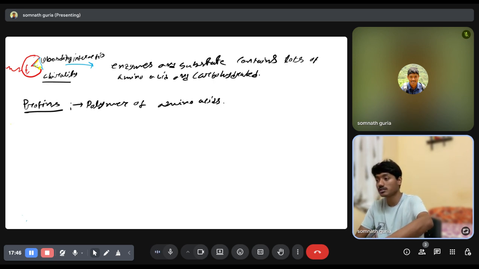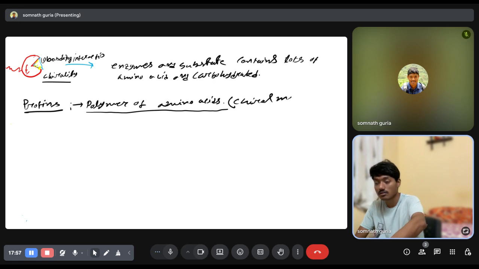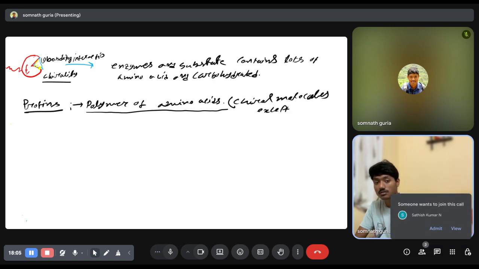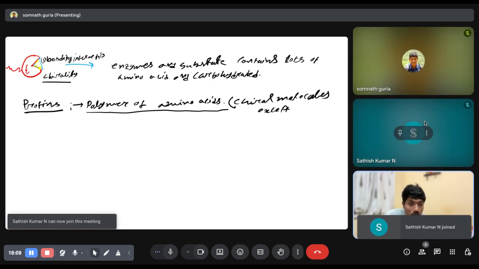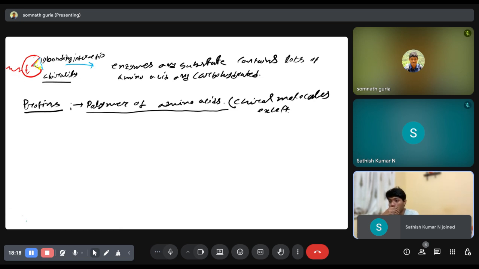Amino acids themselves are chiral molecules, except glycine.